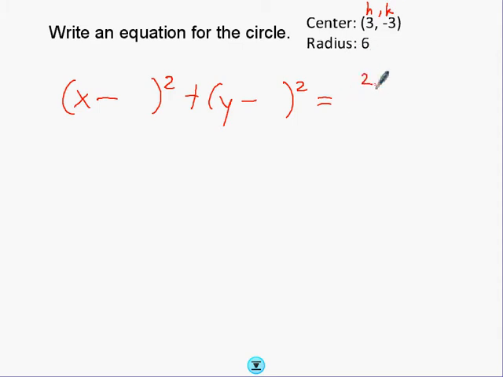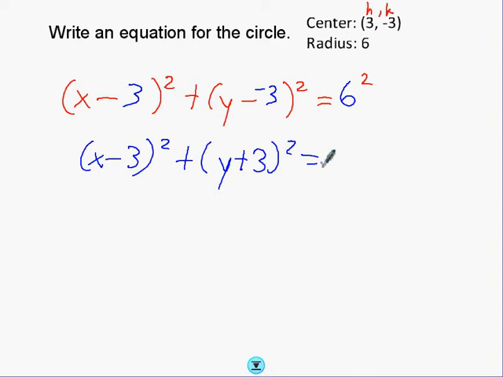So h is the number that I subtract from x. So h is 3. k is the number I subtract from y, in this case, negative 3. And r is the number that I square at the end. You're probably going to clean this up a little bit. You do not expand it. Please do not expand it. y minus negative 3, we'll write y plus 3, and 6 squared is 36.